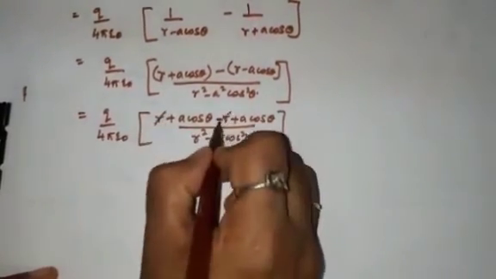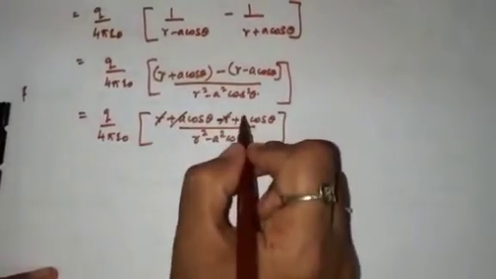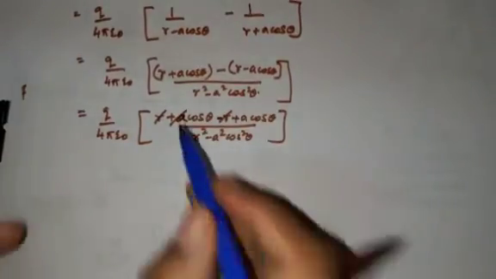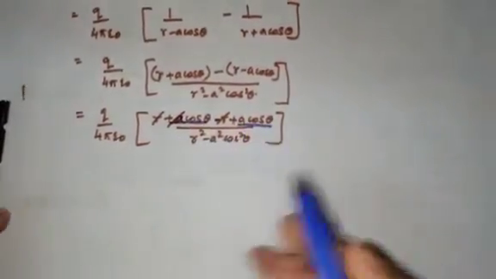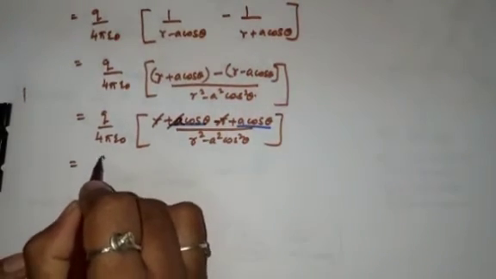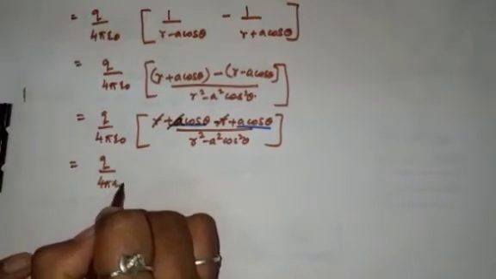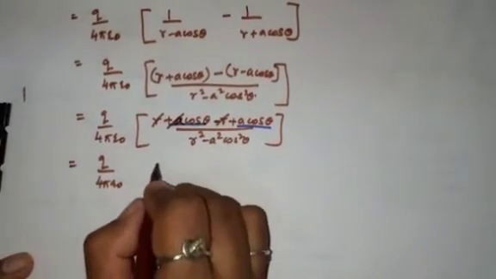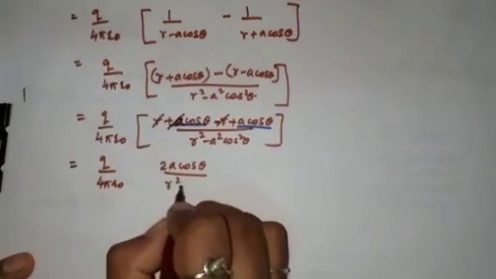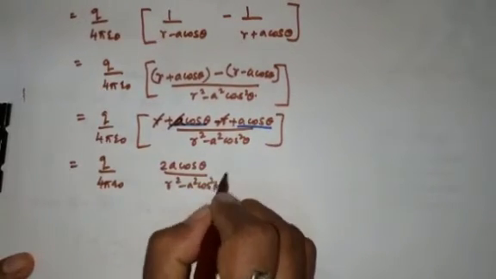Now plus r minus r gets cancelled, plus a plus a won't get cancelled, so it will be as it is. We'll be having now only this a cos theta, which is equal to Q by 4 pi epsilon naught. What is a cos theta plus a cos theta? It will become 2a cos theta by r square minus a square cos square theta.